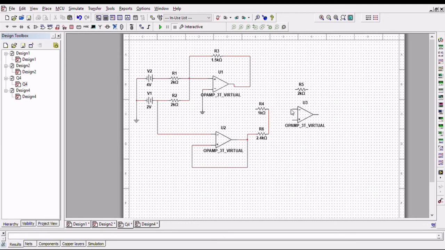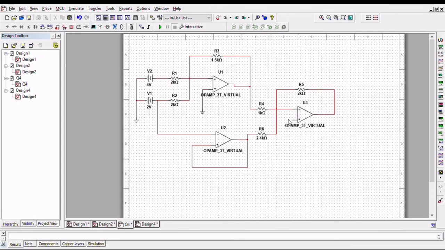So this V minus connects here. Okay, so 2K here connects with this V minus. Okay, and this 1K connects with the V output here. So this 2K connects with the Vout3 here.